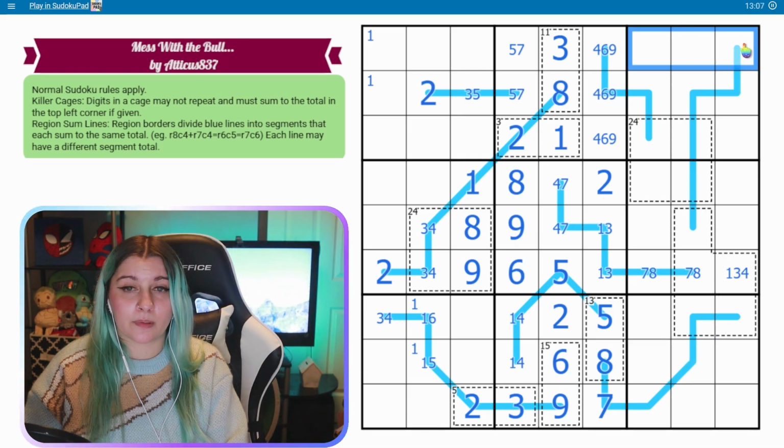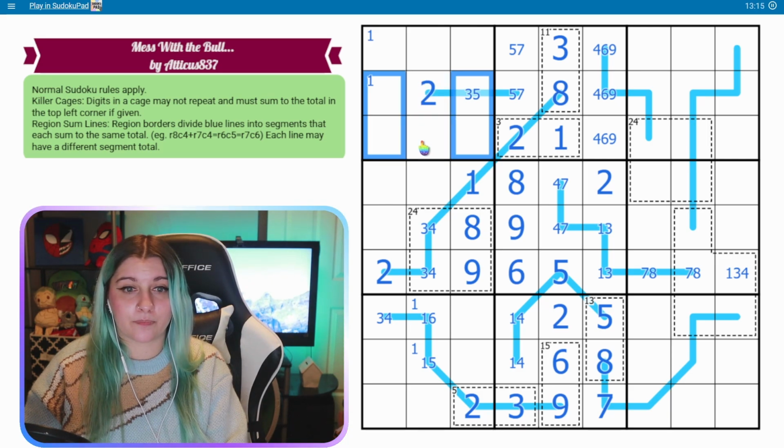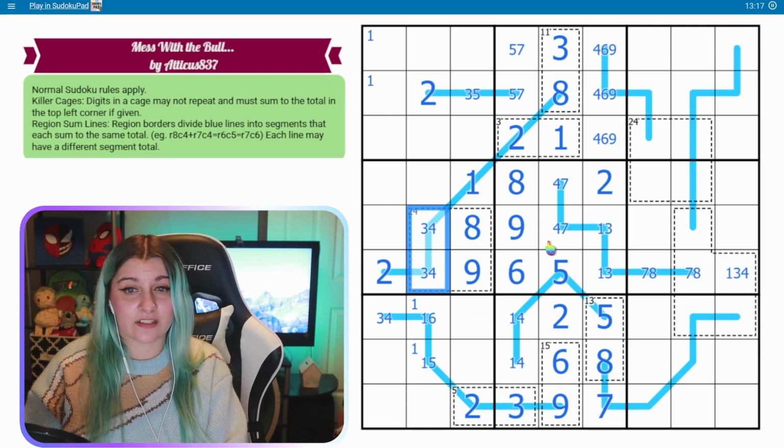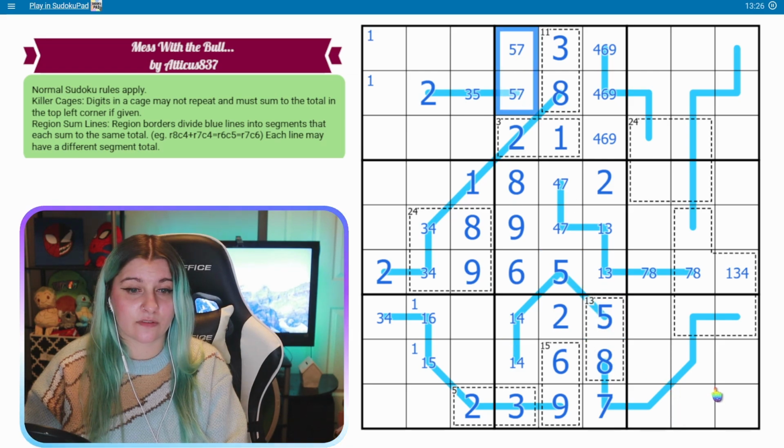I need a 2 up here. 3s. I need to put a 3 in here somewhere. I don't know much about 3 yet. 4s. I have this. 5. I kind of have 5s. They don't really see each other yet. 6s.